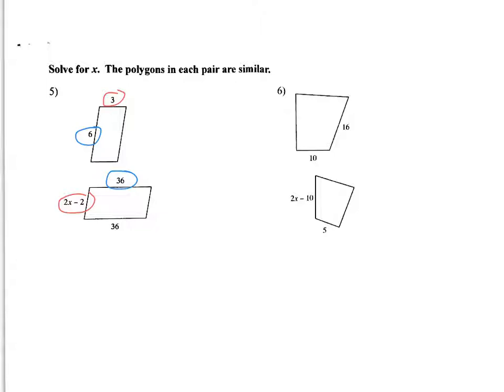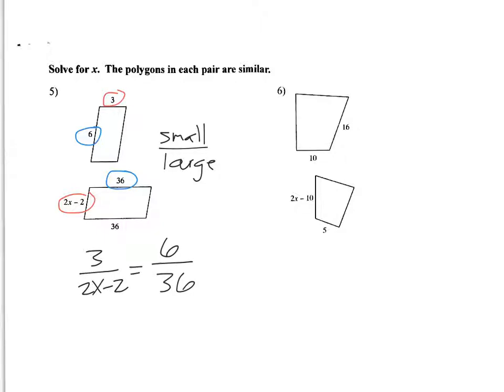Just remember, do it the same way every time. So I'm going to do small over large. So I'm going to do the small figure, which is 3 over the 2x minus 2, because those go together, and then 6 over 36, because those go together.